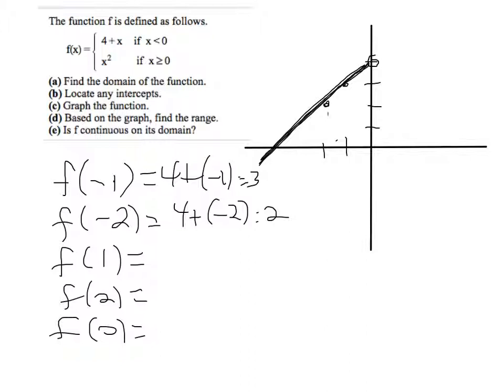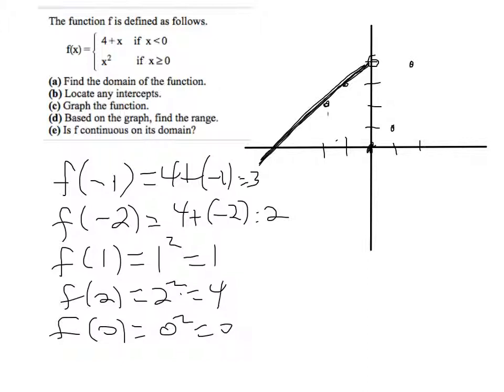And so for each of those, I would do the algebra here to produce my output. So 1 squared is 1, 2 squared is 4, and 0 squared is 0. And that gives me 3 more input-output pairs. So I have a dot at 0, 0, a dot at 1, 1, and a dot at 2, 4.